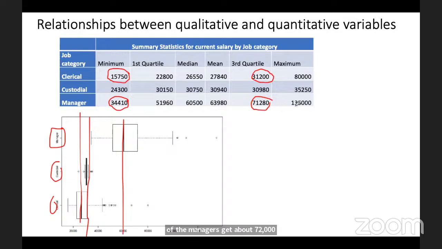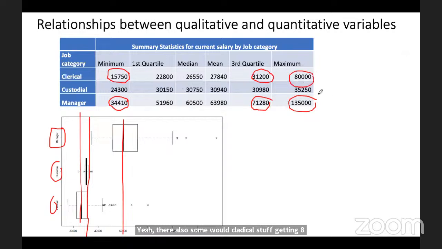The highest paid person is a manager, but there are also some good clerical staff getting 80,000, the maximum.